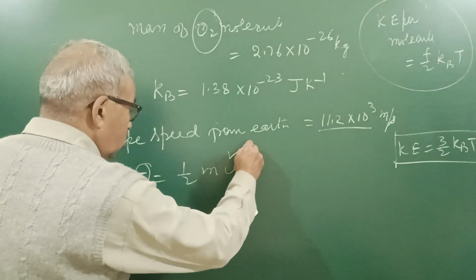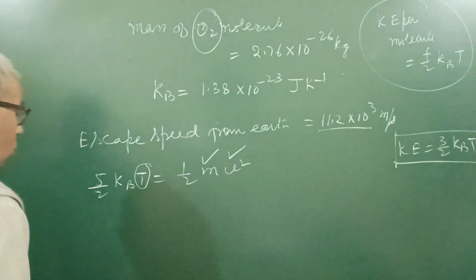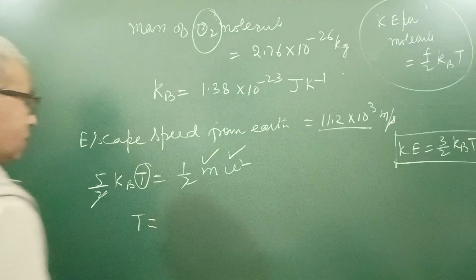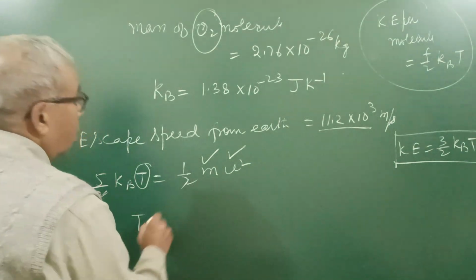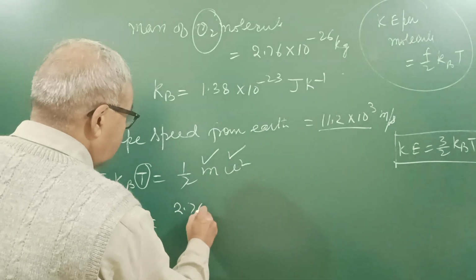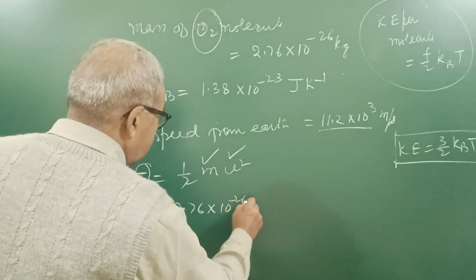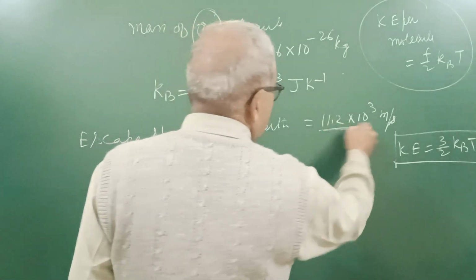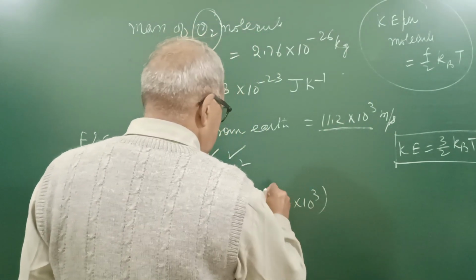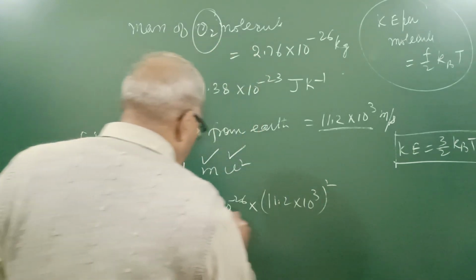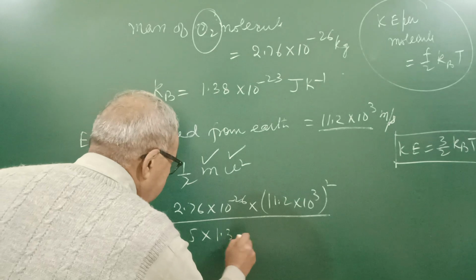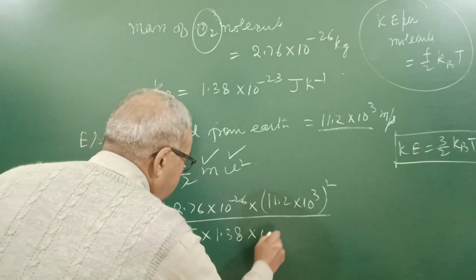You are given the velocity and the mass. So the 2s cancel, and T equals mass 2.76 × 10^-26 times velocity (11.2 × 10^3) squared upon 5 kB, 1.38 × 10^-23.